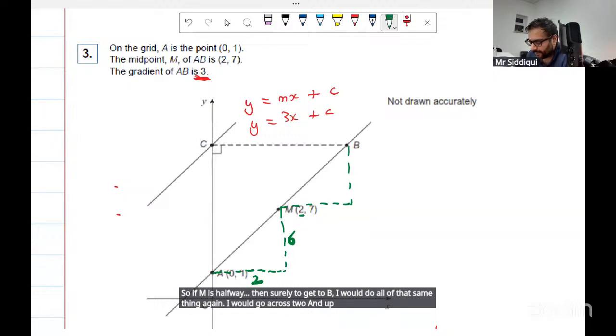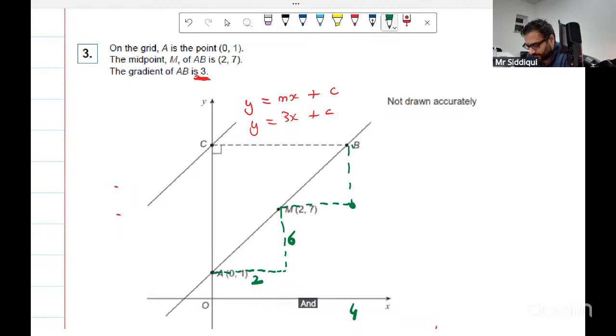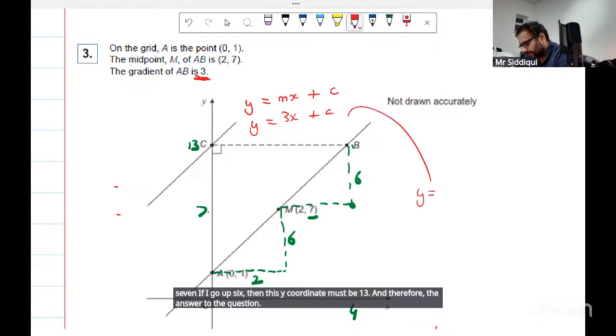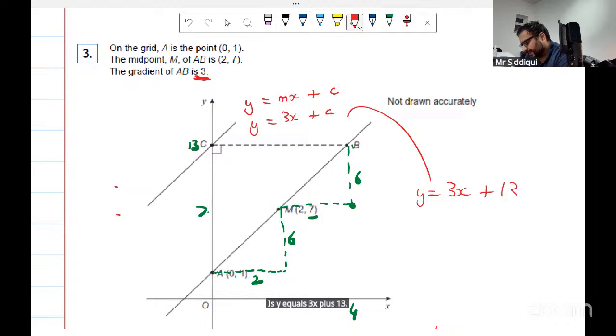Across 2 from 2 puts me at 4. And up 6 from 7 means this y coordinate must be 13. Therefore, the answer is y equals 3x plus 13. That is how I would have done that.